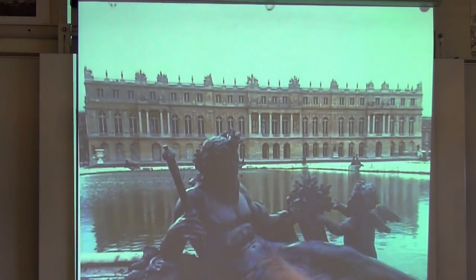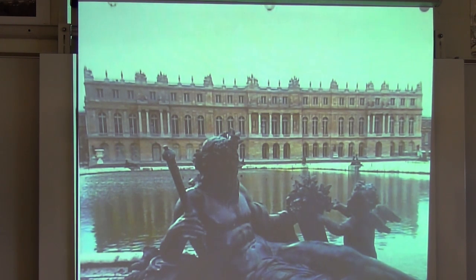Now I took this photograph. I've been fortunate enough to go to Versailles 3 times, and I took that picture right there. Okay, and so here's what I did. I took that photograph just to give you an idea of how big this place is. Let's see if I can work this out. Give me just a second here. That's not it.